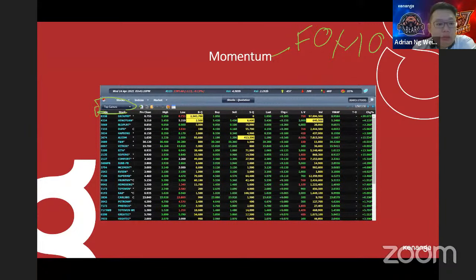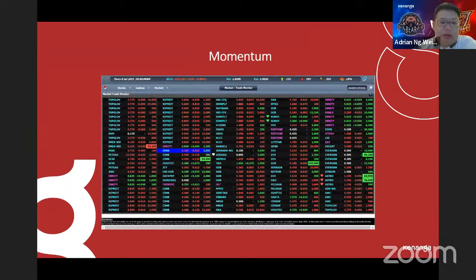All right. So the next thing that most traders will look at, and why do they stare at the screen, is this thing called trade monitor. You can go and configure it in your CanTrade to get this screen out, and you see that this thing keeps moving, keeps streaming through.